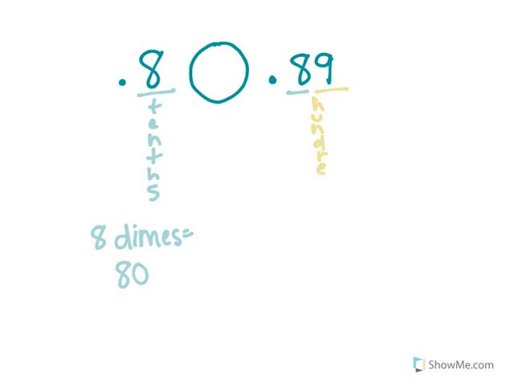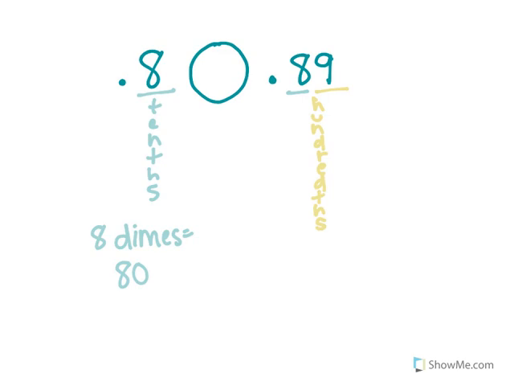So I'm going to show you strategy number 1 on this one. This is the tenths place right here. So this is the same as having 8 dimes, which would have been 80 cents. This one has the tenths and hundredths, so it's in the hundredths place.